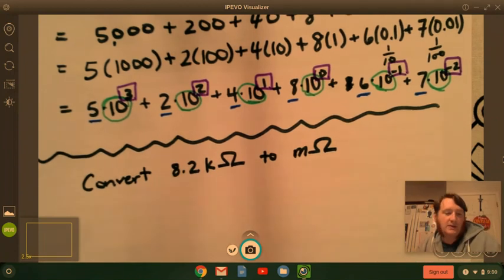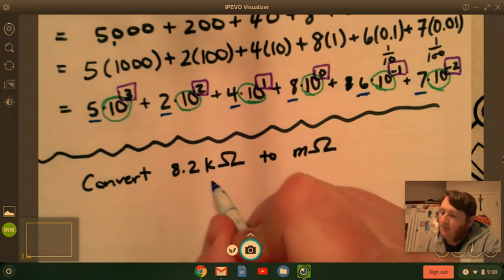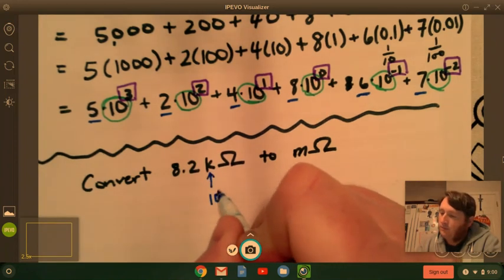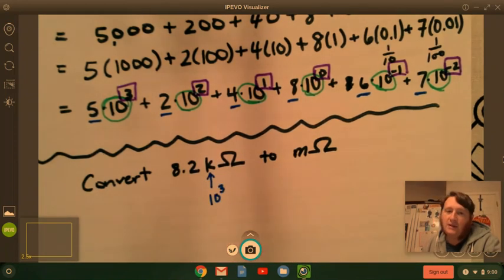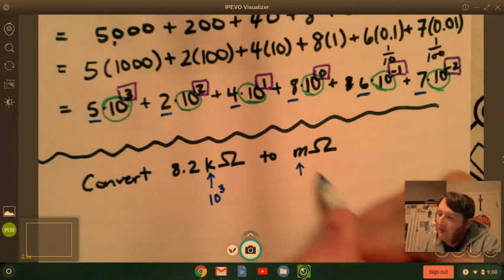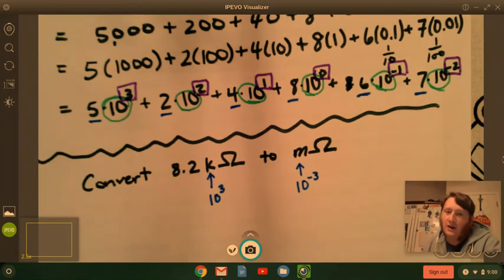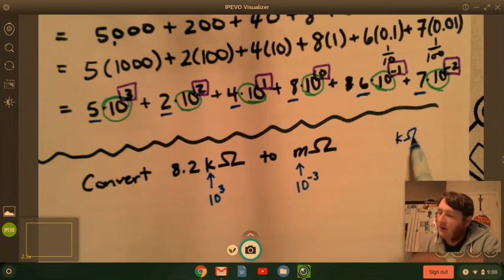Well, because it's kilo ohms, that's 10 to the third. Because this is milli, that's 10 to the negative third. So if you think about it, you're really going from kilo ohms to ohms to milliohms.